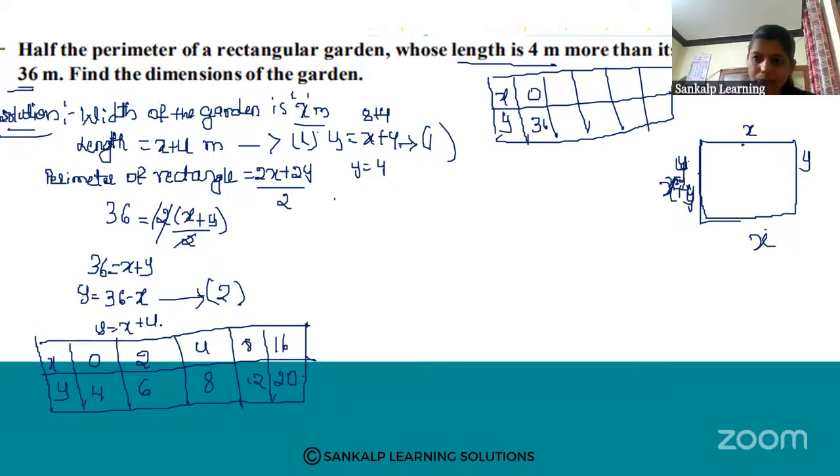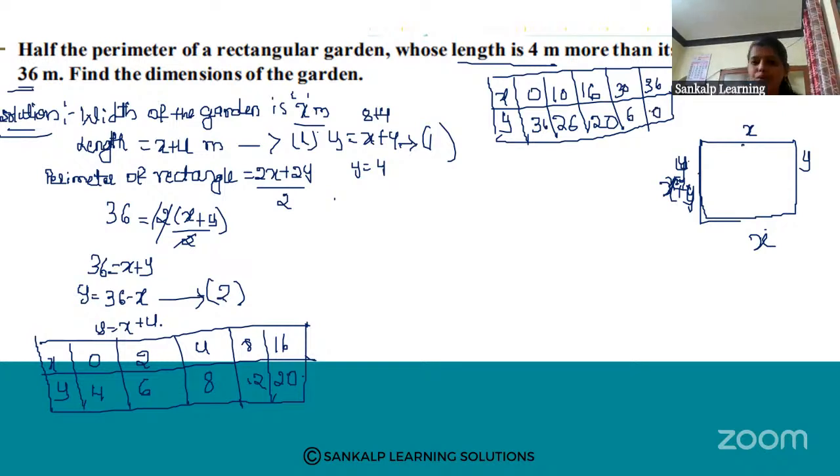For that, substitute big values for x, that is x is equal to 10, what will I get? If I substitute x is equal to 10, 36 minus 10, that is 26, I will get. If I substitute x is equal to 16, 36 minus 16 is 20. Next, substitute x is equal to 30, 36 minus 30 is 6. If I substitute x is equal to 36, then 36 minus 36 is 0 only.